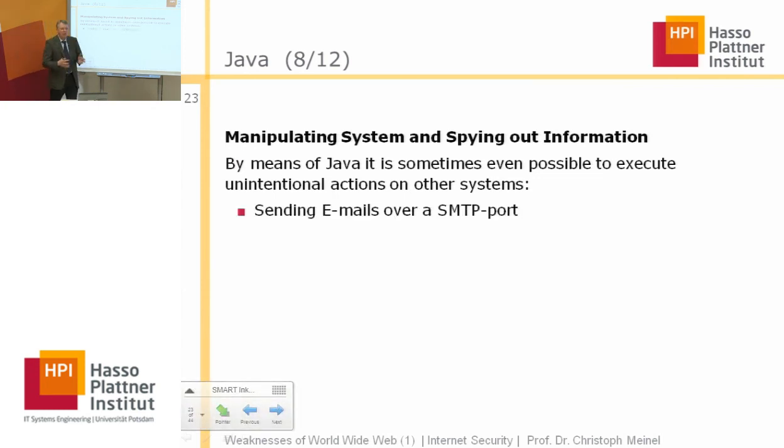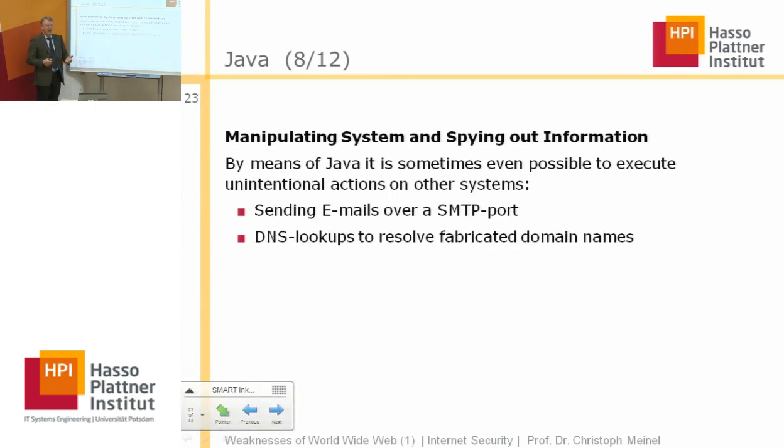One can cause, by means of a Java applet, that a system sends emails over an SMTP port, or sometimes it's possible to force the system to do some DNS lookups to resolve fabricated domain names.